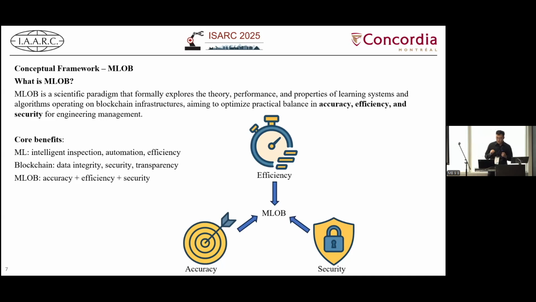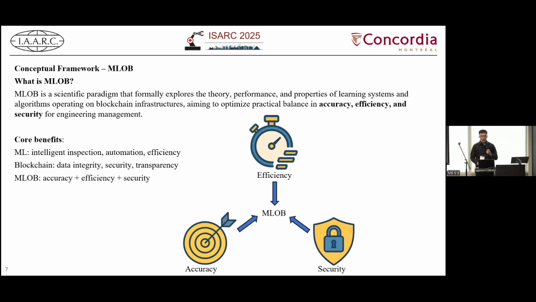Here is a scientific paradigm that can be considered the integration between machine learning and blockchain. The aim of this paradigm is to optimize the practical balance between accuracy, efficiency, and security for various different engineering management tasks.